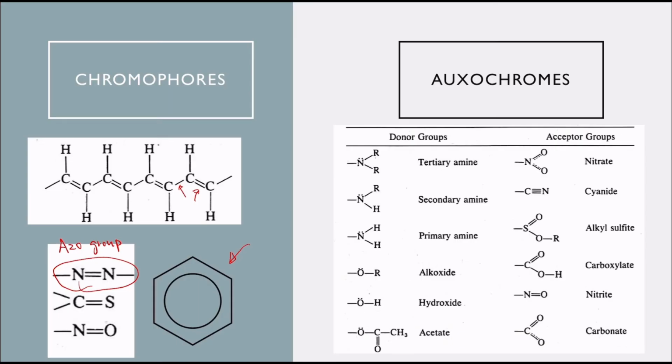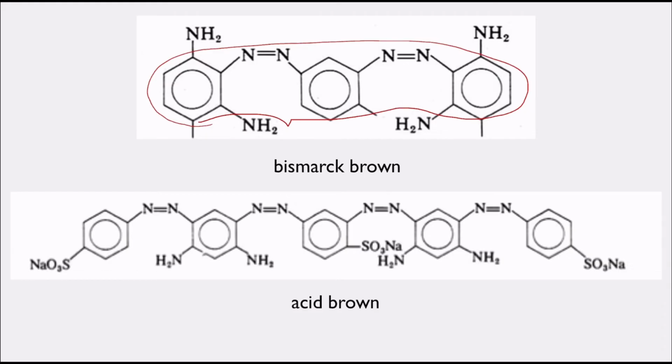Oxochromes are substituents that are added to the chromophores that fine-tune the color by shifting the absorption band to the targeted wavelength. They can be both electron donating groups or acceptor groups, as you can see here. For example, in this acid brown dye here, there are NH2 amine groups added here, here, and here.